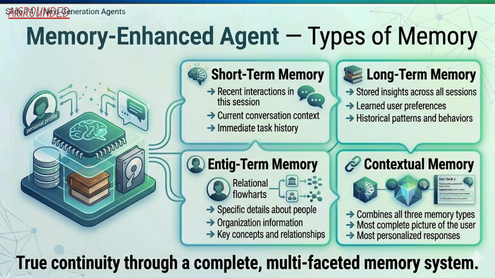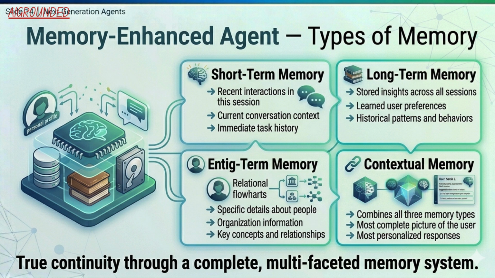Entity memory focuses on specific details, information about particular people, organizations, and key concepts that are relevant to the user. And contextual memory completes the picture. All three types give the agent a more complete, accurate picture of who you are and what you need.